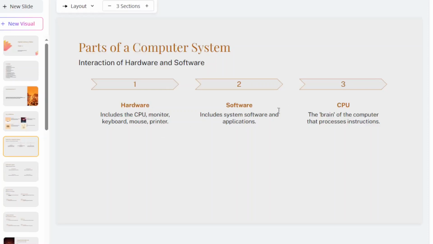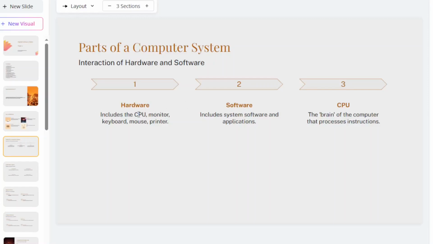For these to work, they are put together to form a computer system. And for a computer system to work, it needs these three things: the hardware, software and CPU. This stands for central processing unit.